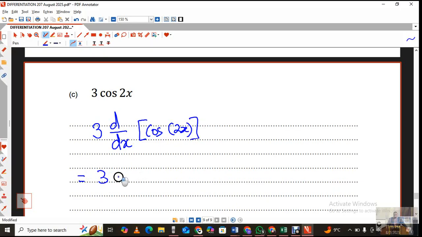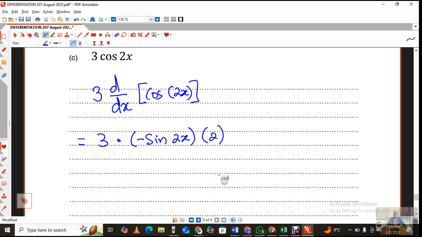So that 3 is going to be there, multiplied by, now, what is the derivative of cosine? Well, if you said minus sine, then you are obviously on the right path. But it's not all. We have to use the chain rule. So we need to find the derivative of the stuff inside, and the derivative of 2x is nothing but 2.